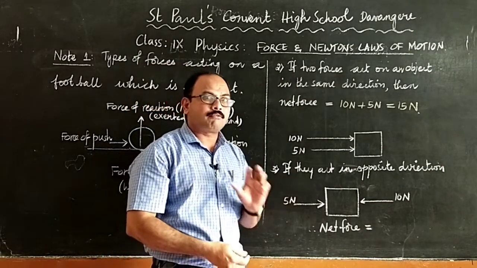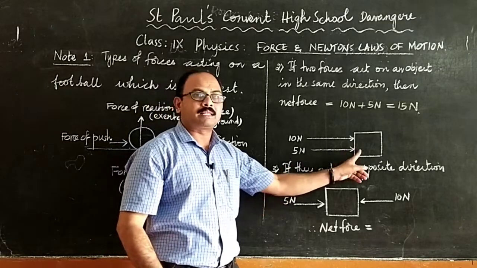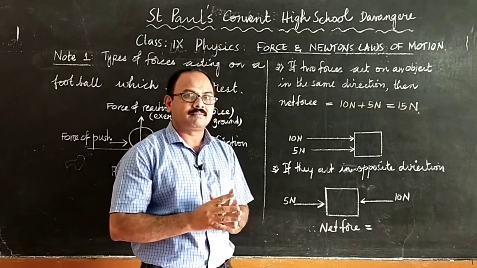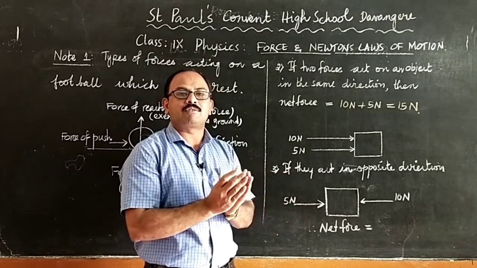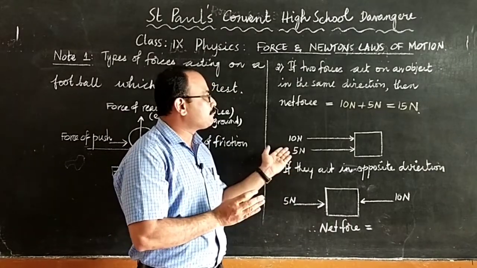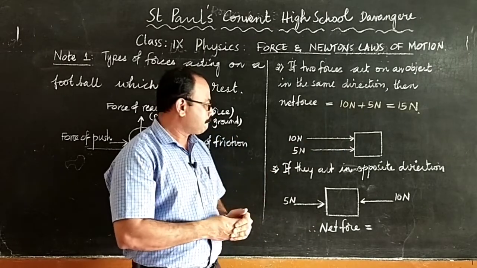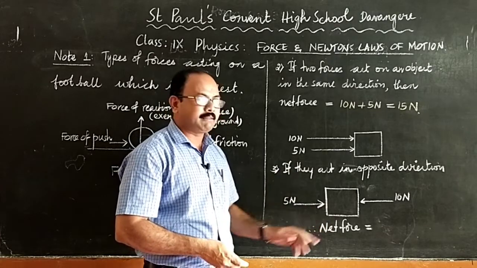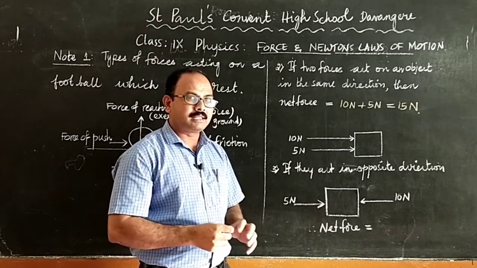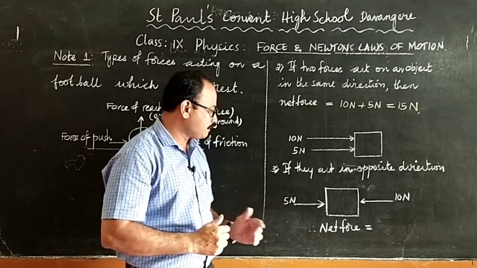When two or more forces act on an object in the same direction, the sum of their numerical values will be considered. The forces will be added. Consider the second case. Same box I have taken, but in this case the forces act in opposite directions.